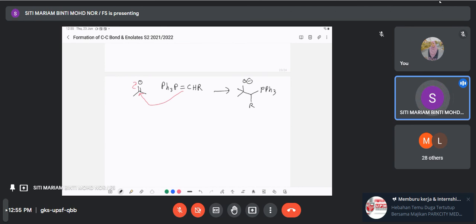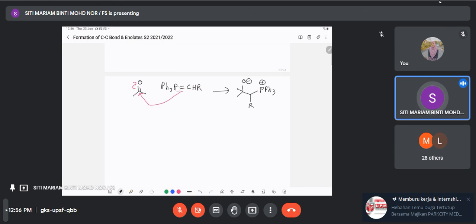So that's what you see, and here is a positive charge on the phosphorus, because now it is phosphorus with 4 covalent bonds. If I'm using this one, phosphorus has 1, 2, 3, 4, 5 covalent bonds, so it's neutral.